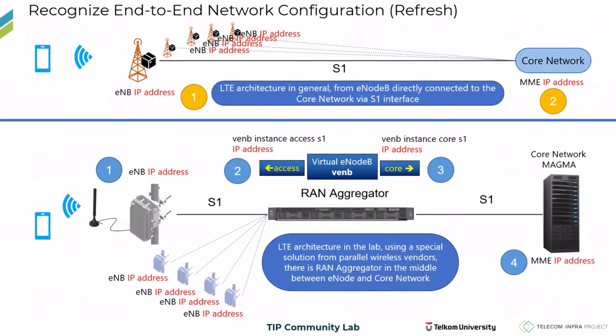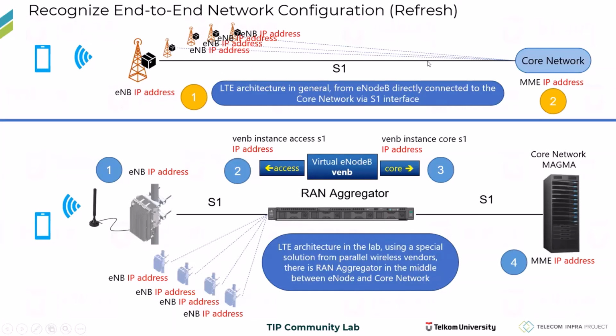It is as easy as 1, 2, 3, and as simple as doing a ping test to examine the end-to-end problem. What you need to do now is first understand the basic and standard architecture: the E-Node-B sitting here, having its own IP address, connected directly to the core network.